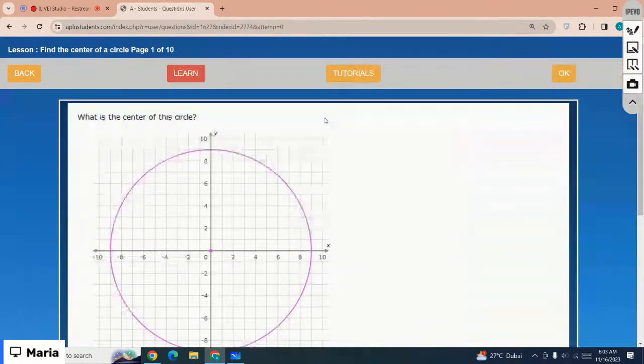Okay, what is the center of the circle? Which is the correct option? The center of the circle is the origin, right? And on the origin, both x and y are 0, 0. So the center of the circle is 0, 0. Got it?